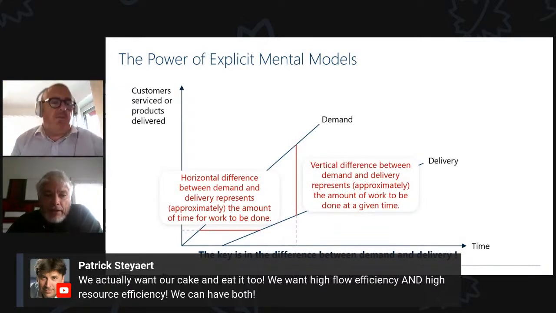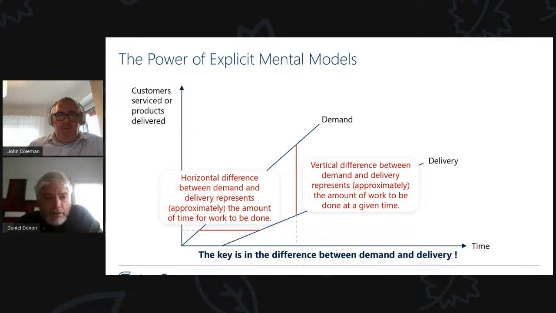But when the delivery line and the demand line are diverging, as is always the case, the horizontal difference between them is the time that it takes to get the work done. And as time goes on, the vertical difference is increased workload in the system. This difference between the demand and the delivery line is something that you really want to diminish.